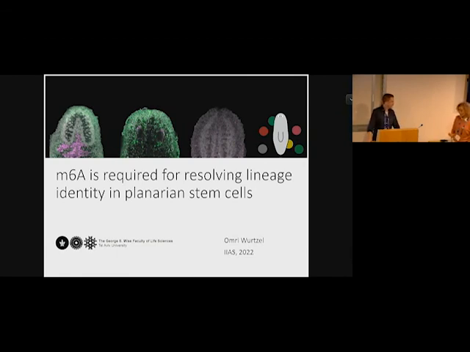Omri, since I'm the chair, I'll take the option to ask you: is there any epigenetics, m6A, RNA, DNA, anything else that you know about regeneration? Okay, so planarians, like many invertebrates, don't have DNA methylation. It was very unfortunate. When I started my postdoc, I thought that perhaps I'd find that they do have DNA methylation.